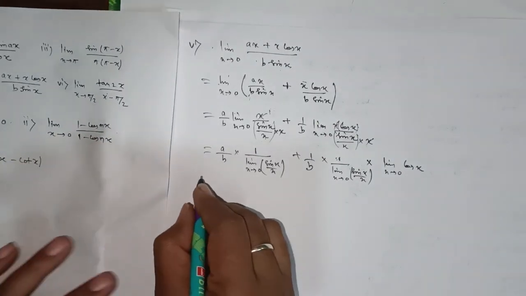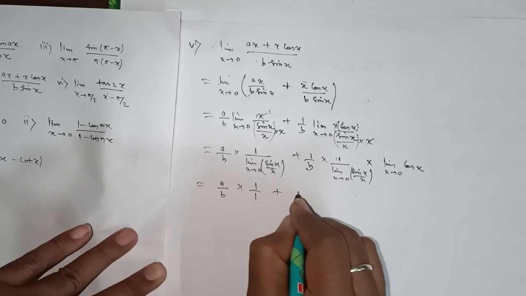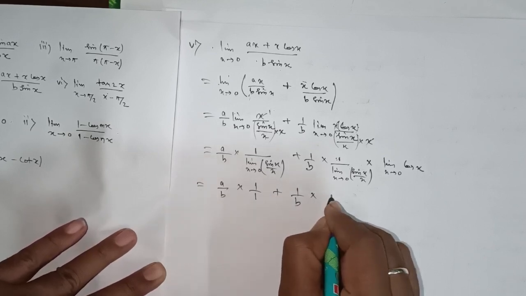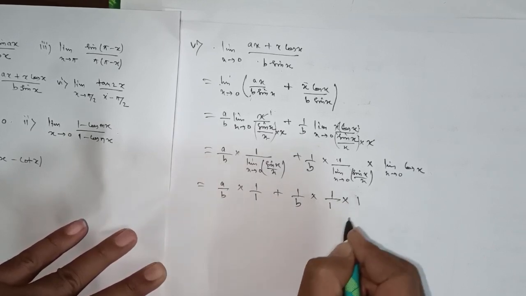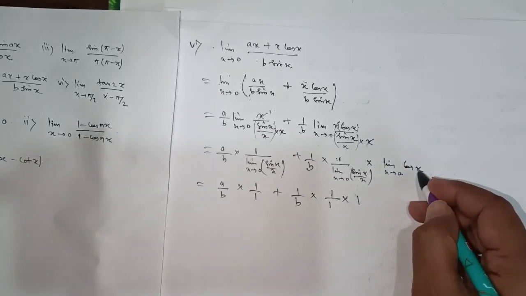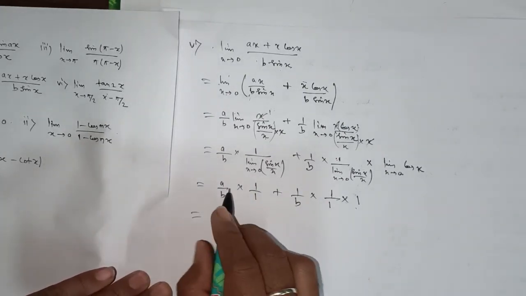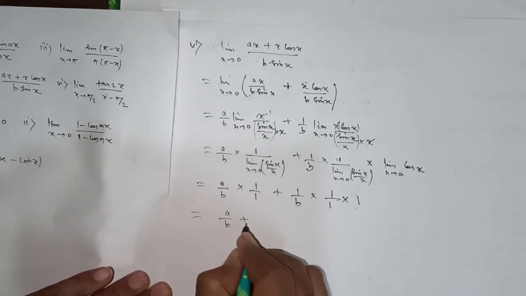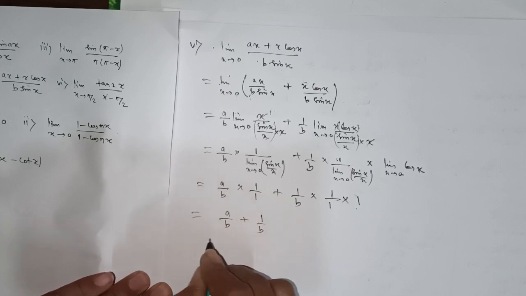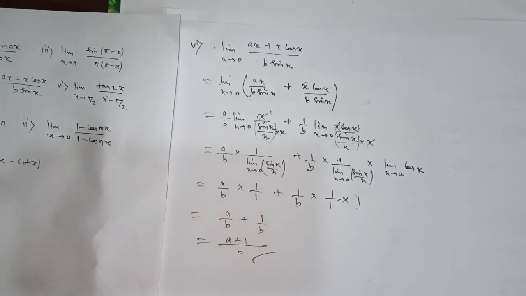So the result is a by b into 1 by 1 plus 1 by b into 1 by 1 into 1. As we substitute 0, we get cos 0 equals 1. Now we take the LCM b: a by b plus 1 by b gives (a plus 1) by b. That is our answer for the fifth one.